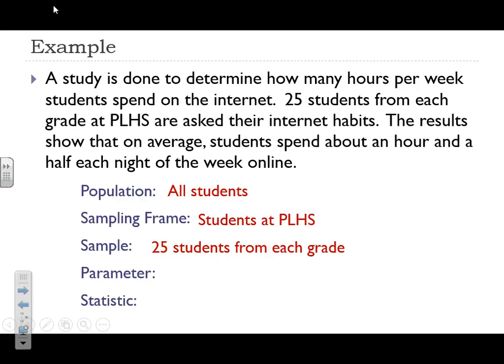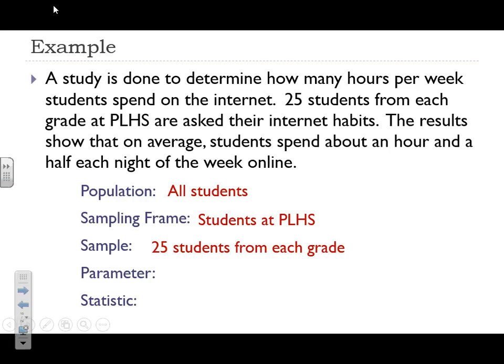Okay. Now, before we get to parameter and statistic, what is the parameter of interest? What are we concerned with calculating and finding? How many hours they spend on the internet, right? So that's what we want to know. So this next part, though, is saying what is the parameter, so what's the actual value, and statistic, what's the estimated value.